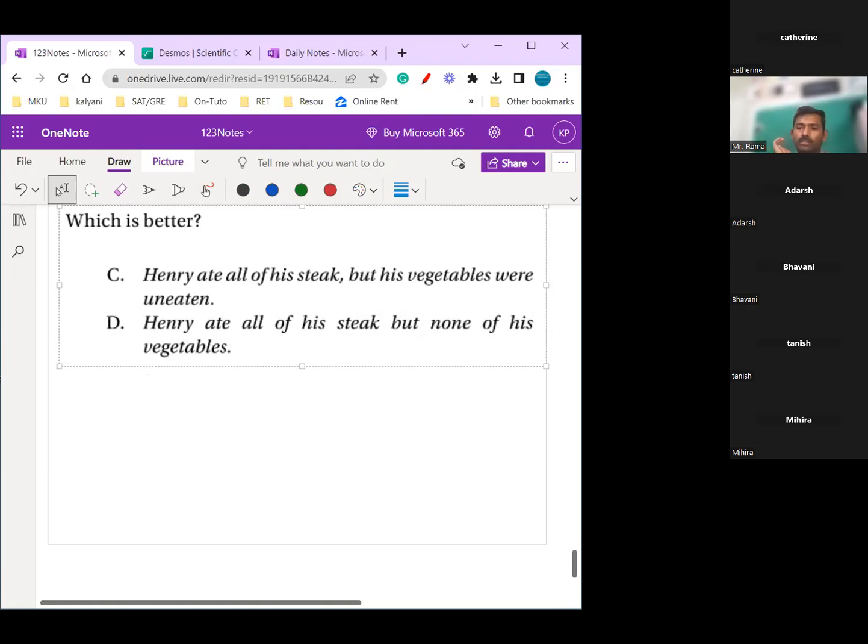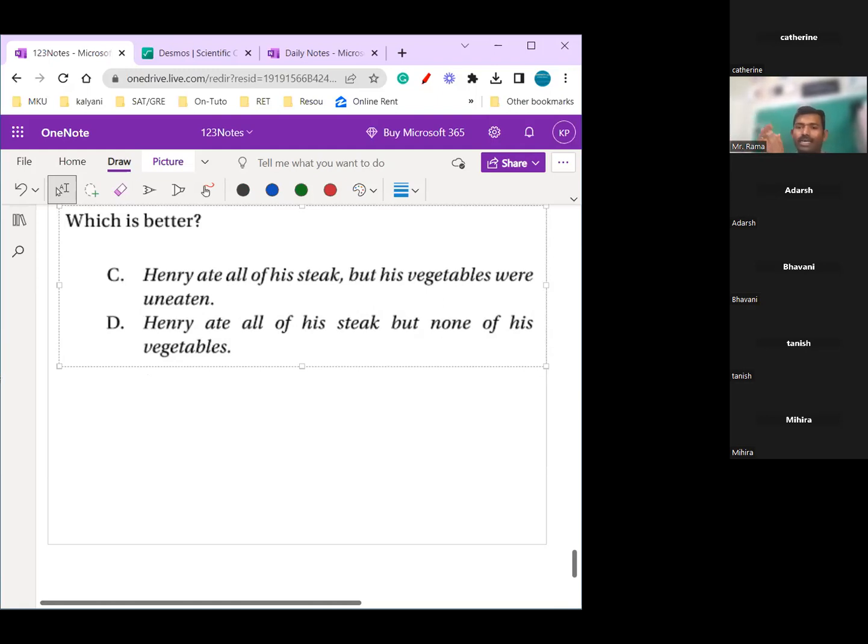But sentence D is more parallel and also clear. So you have to be very careful. The law of parallelism is so important, because all the notes we had previously, you can always look at. The law of parallelism comes up often, so make sure it's parallel.